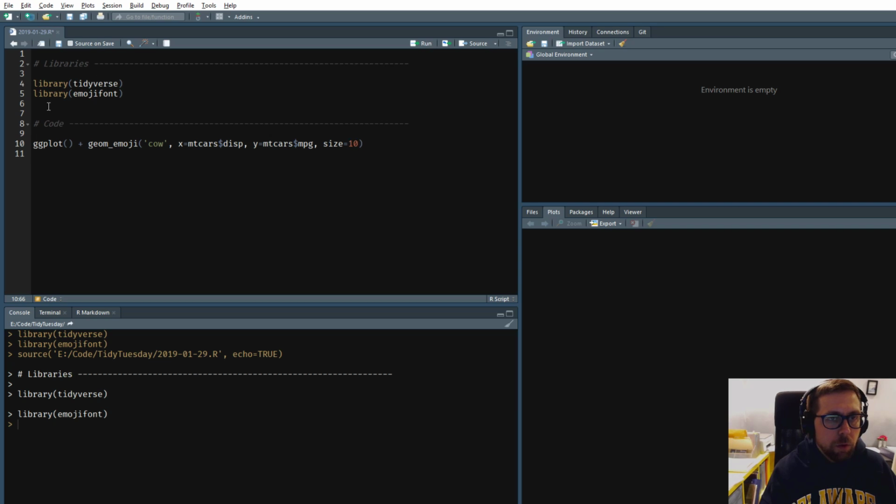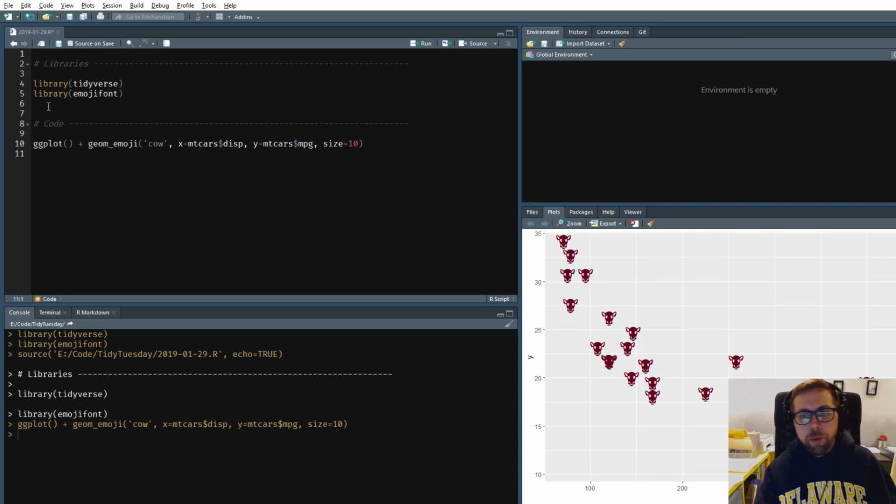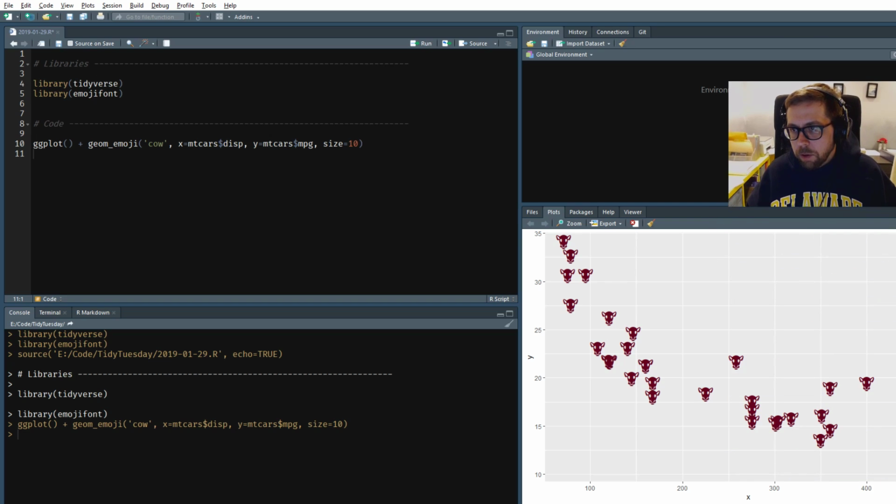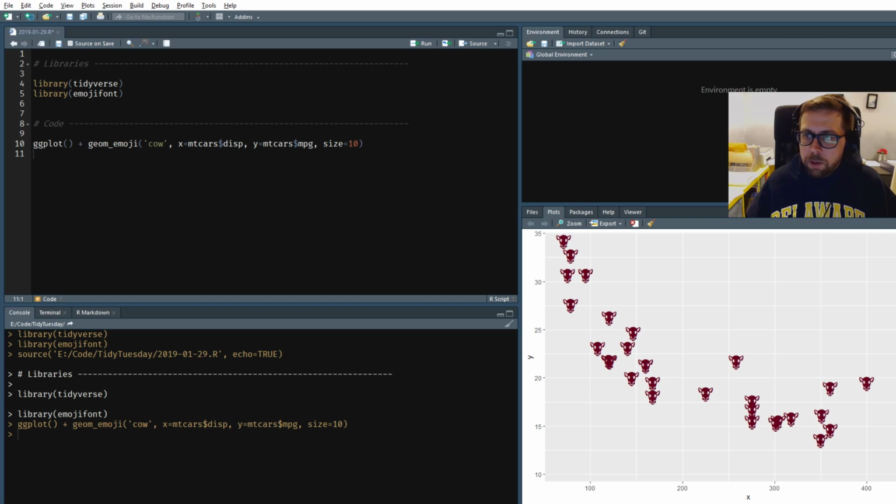I think this will work. Let's see. Boom. Look at those beautiful cows. So yeah, there we go. We've got cows galore. Let me move my head out of the way so you can see the plot a little bit better. So it's pretty straightforward.